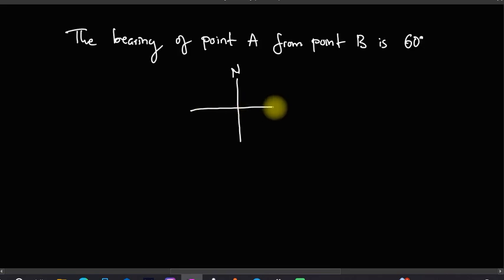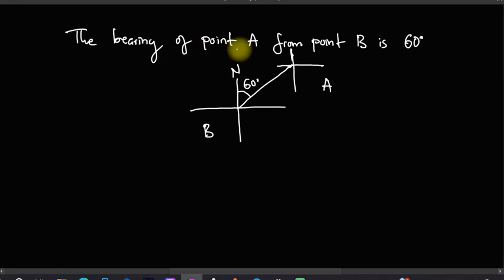So you just draw your 4 quadrants, and then you start from the north 60 degrees. And then you draw another 4 quadrants where it meets at the point. So this is point B, and this is point A.